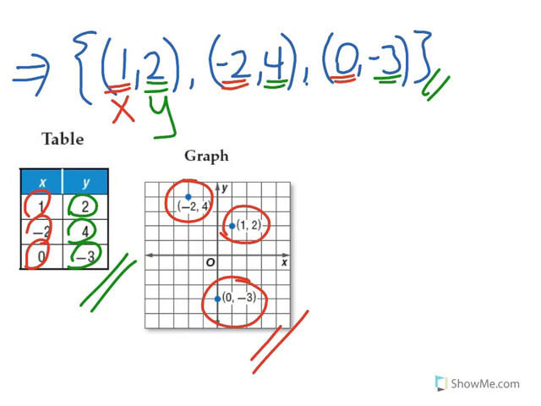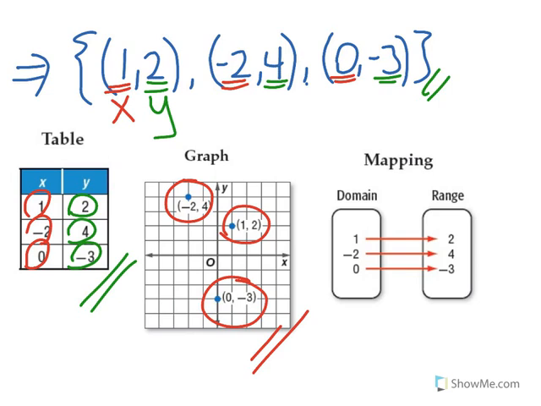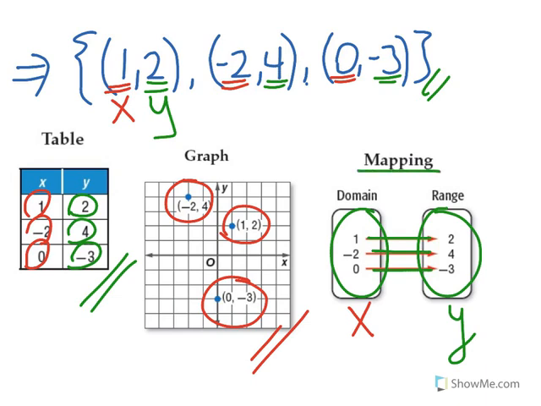Another way to represent a relation is to draw the sets of x and y values separately and show the relation with arrows. Now you see, these are the x values and these are the y values. So if you consider x values and y values in separate sets and relate them by arrows, then you represent this relation by using mapping.